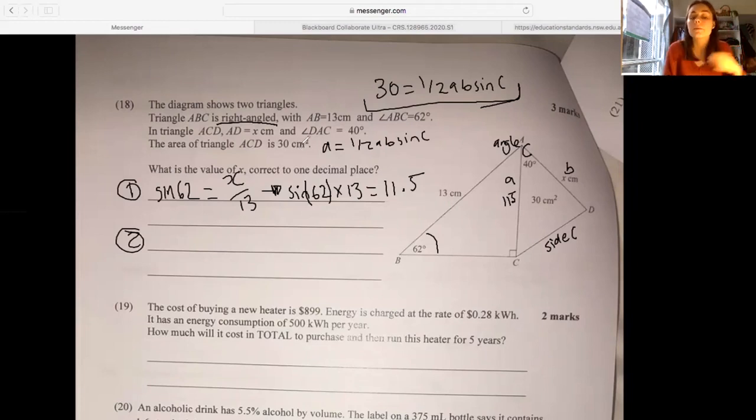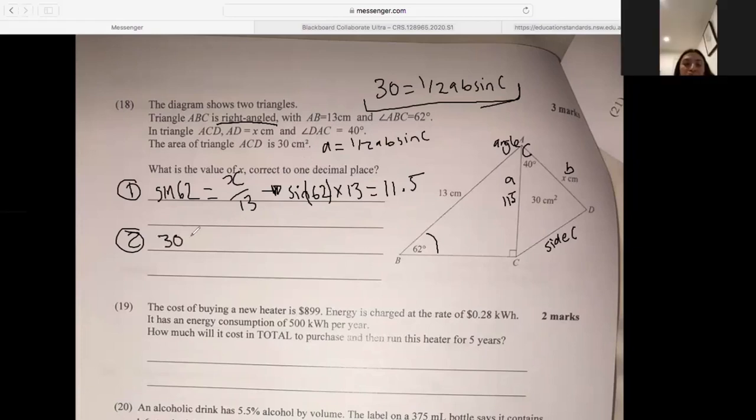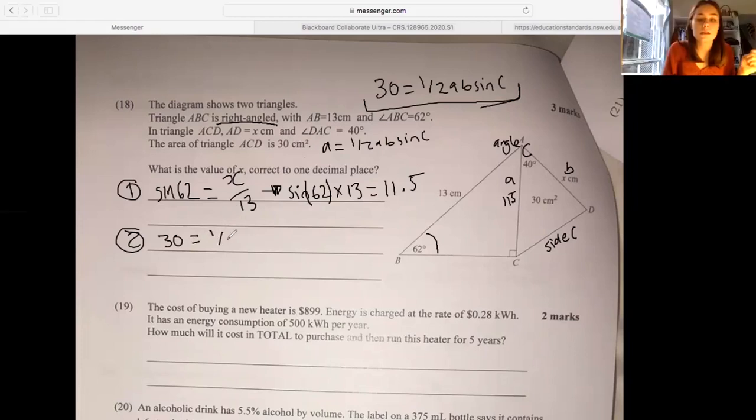Do you remember before how I said if they give you the area of the triangle, it's a hint that they want you to use that formula? Yeah. So if we have 30 equals half times, what do we have? 11.5 times B times sine 40.